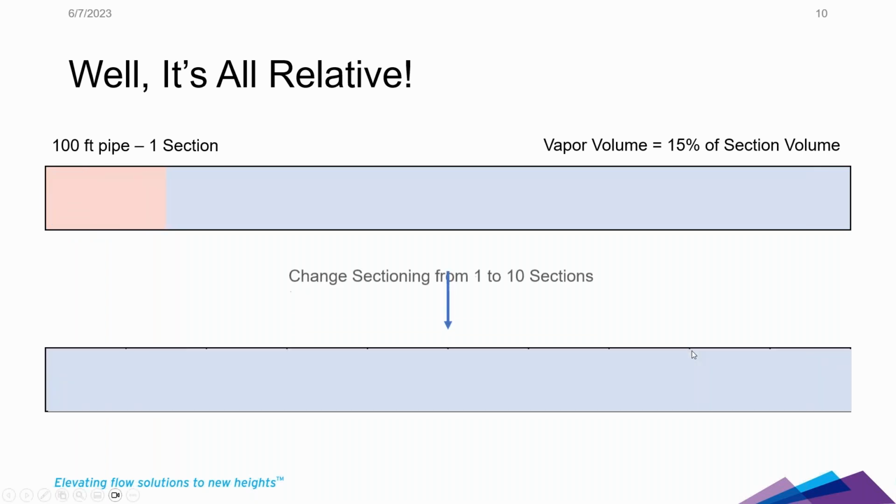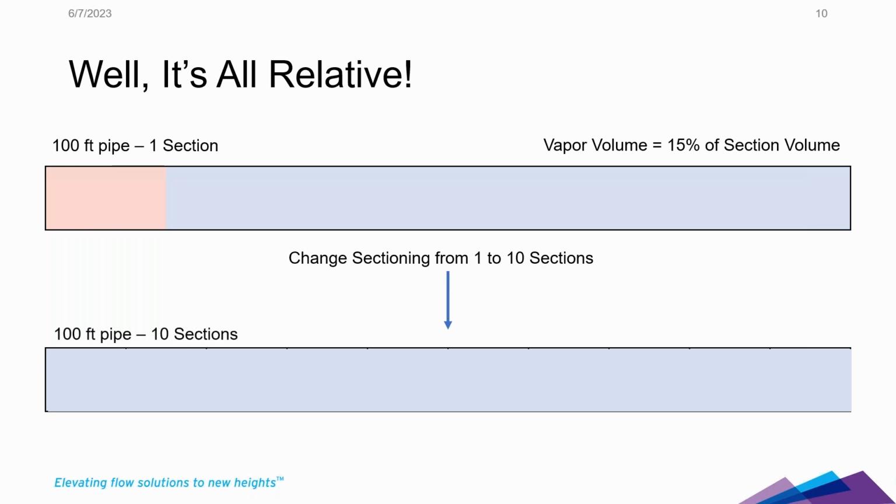Now, let's say that we take our pipeline and we've done our preliminary analysis, and now we want to get more resolution into our system. So instead of using 100-foot long sections in our 2,000-foot long pipe, we're going to use 10-foot sections. So we're going to change from 1 to 10 sections in that controlling pipe. So now if this 100-foot long pipe is made up of 10 sections, this is what we're dealing with.